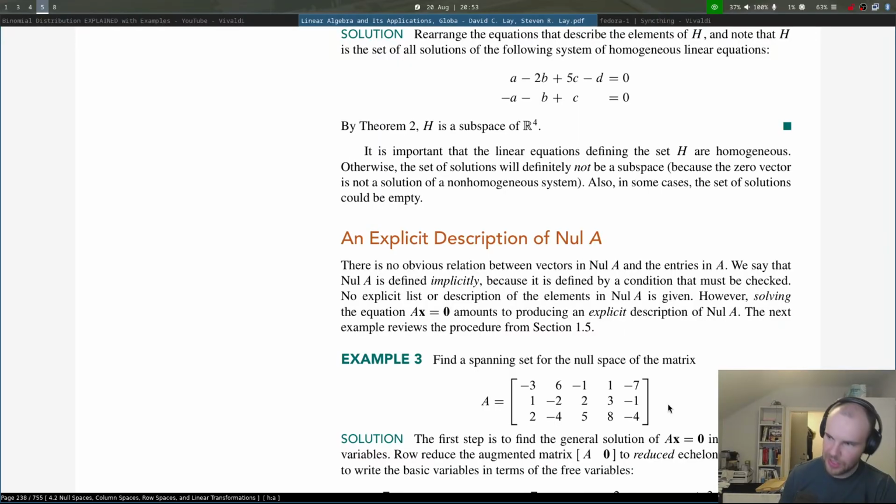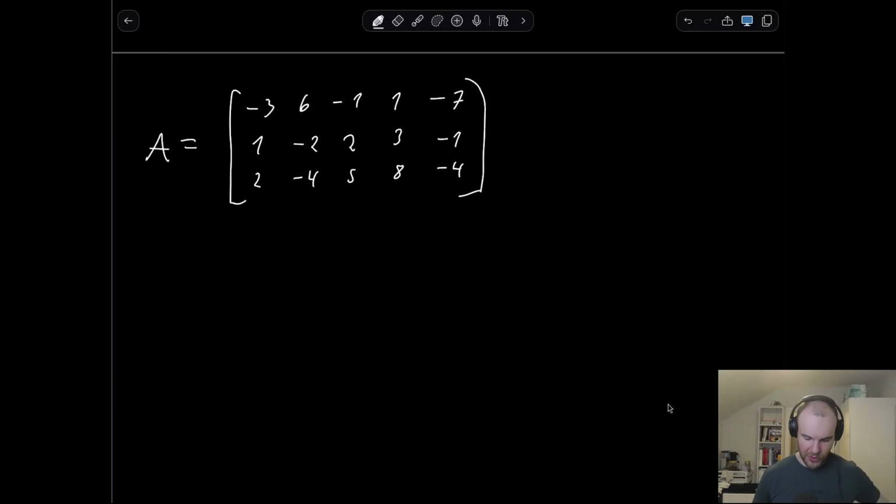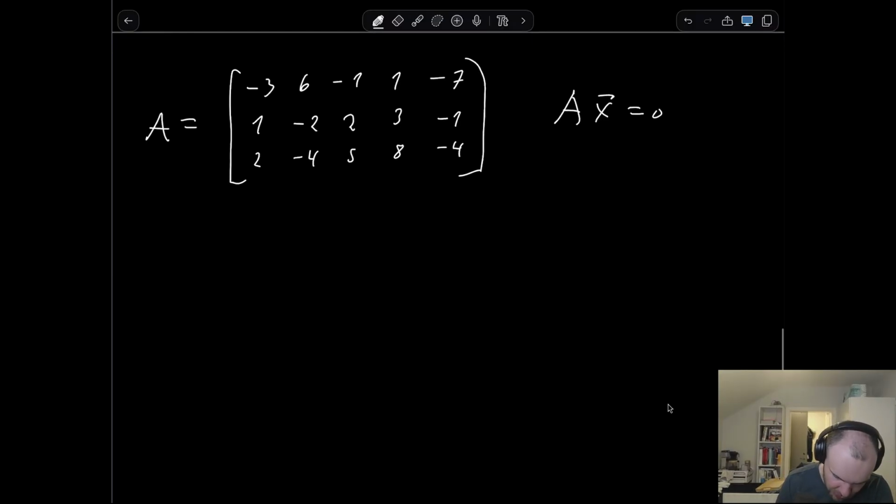So now let's find the explicit description. Now I know we need to, of course, satisfy this equation right here, but I'm not going to extend this matrix by adding 0 because I can just write it later. It's just in the way, so it will still be the same thing. Okay, so I'm just going to row reduce like it is, even though, of course, this is what I want, but we don't need that now.